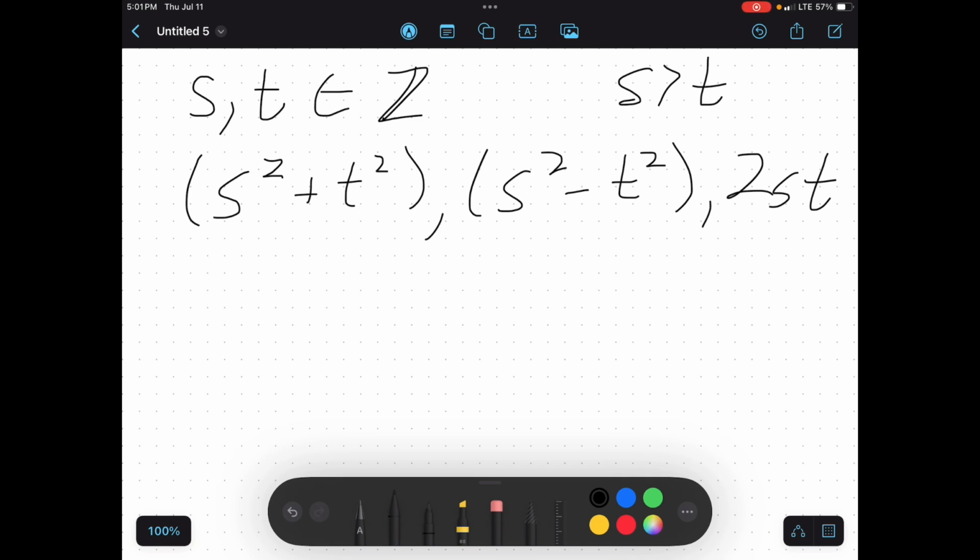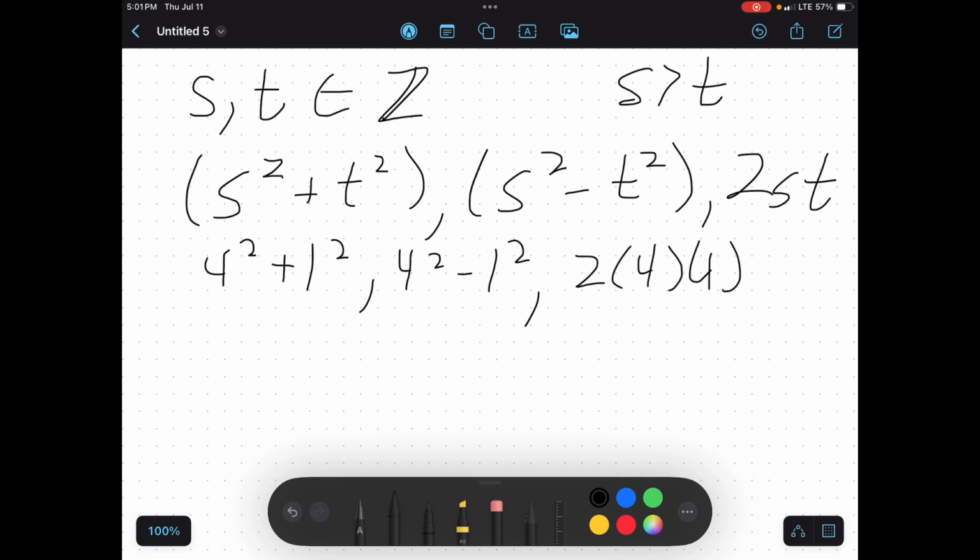So if I pick two values, I'm going to go with 4 and 1. So if s is 4, we get 4 squared plus 1 squared. We get 4 squared minus 1 squared. And we get 2 times 4 times 1. That doesn't look very good, and we can do better.